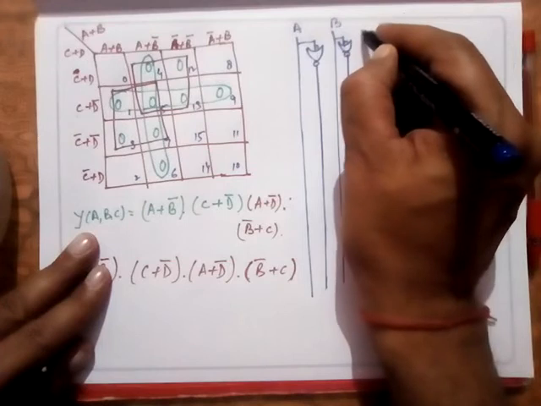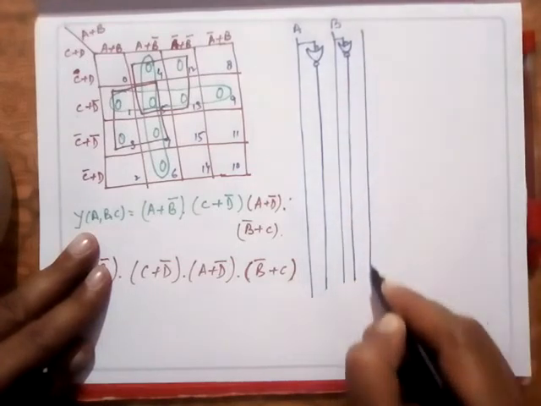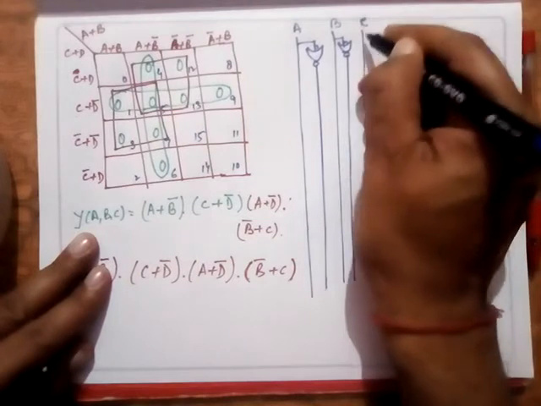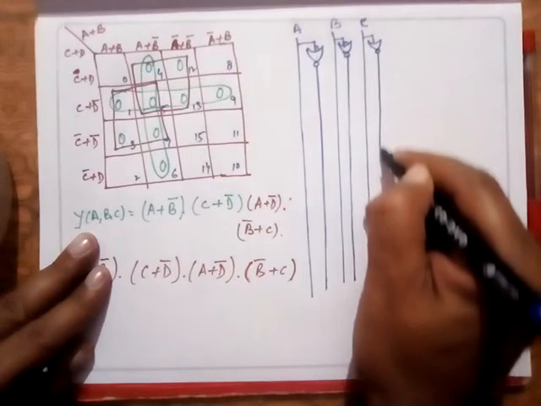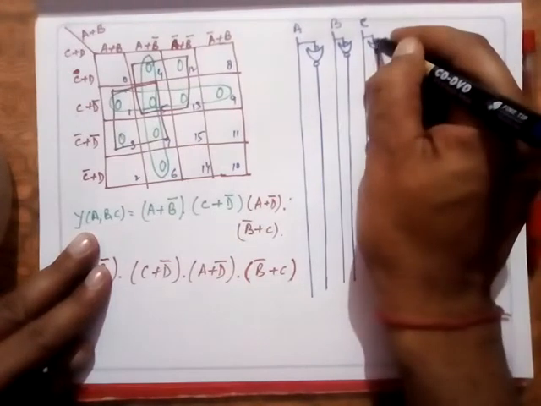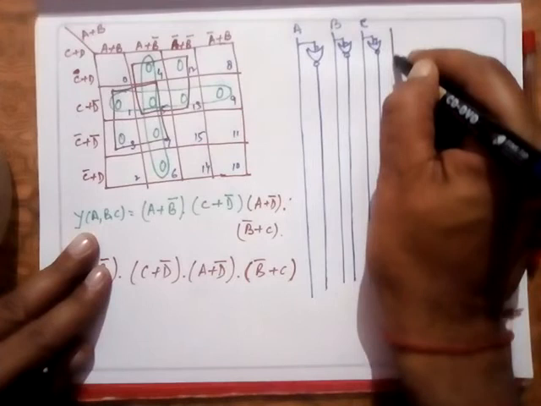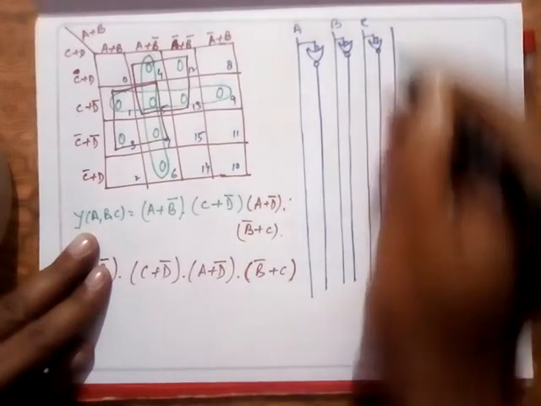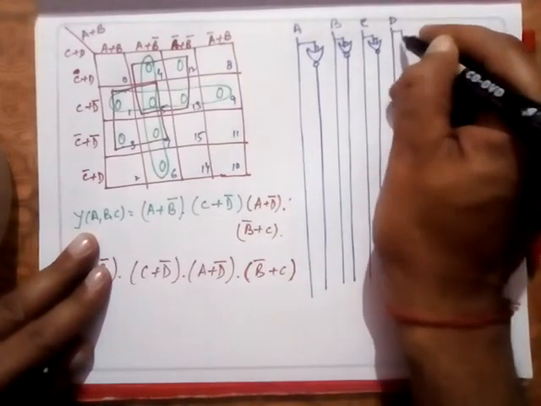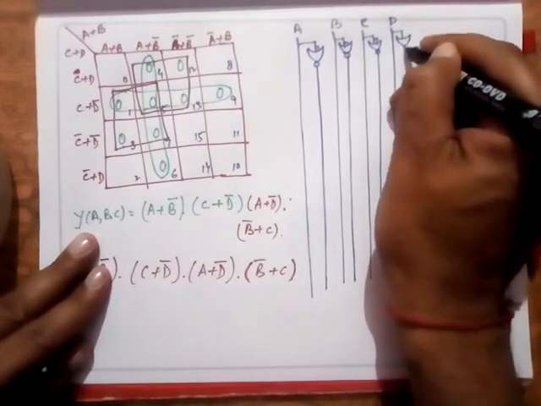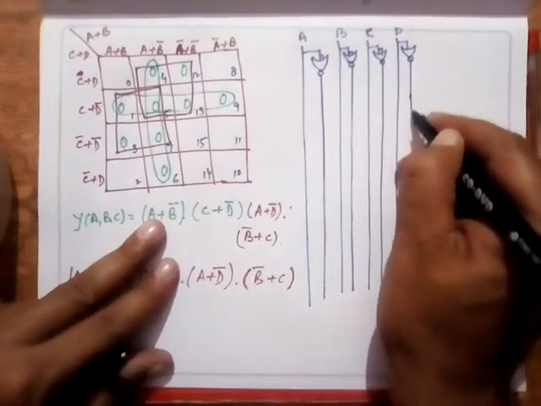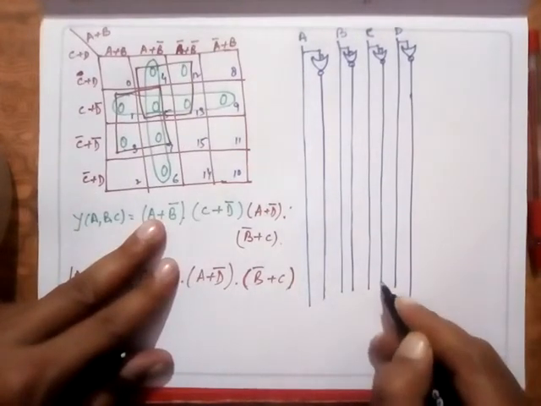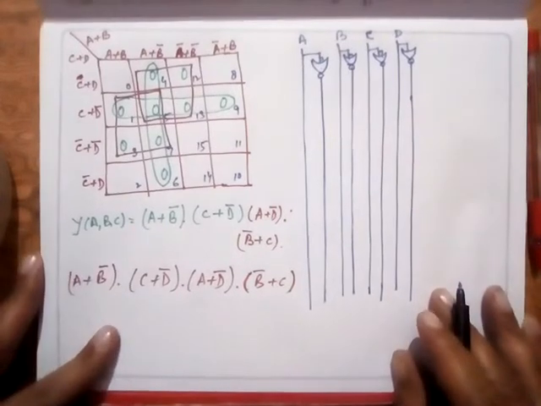Then another line for input C, another NOT gate here, but with the help of a NOR gate only. And the last line is for input D, with a NOR gate here. So these are the 4 inputs along with their complements.